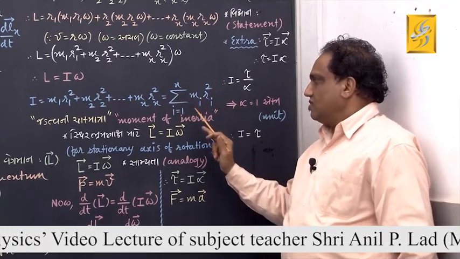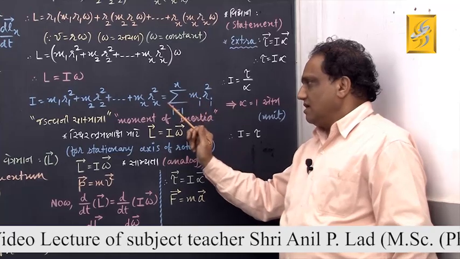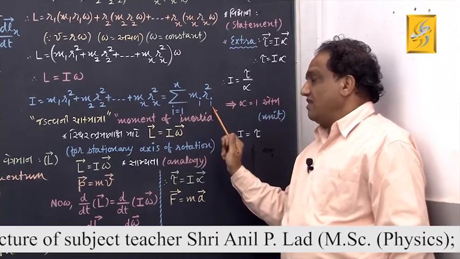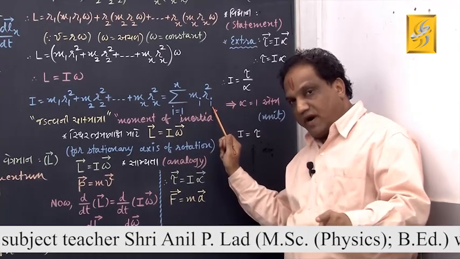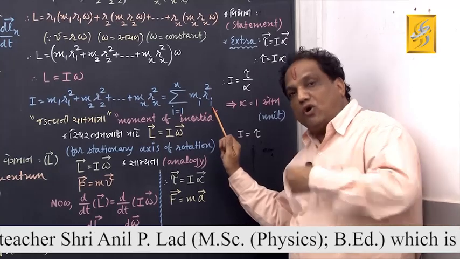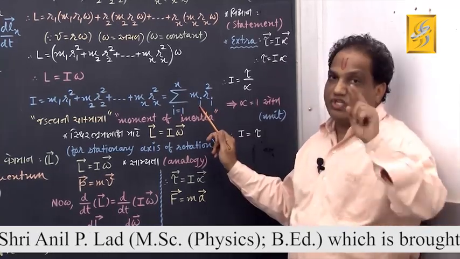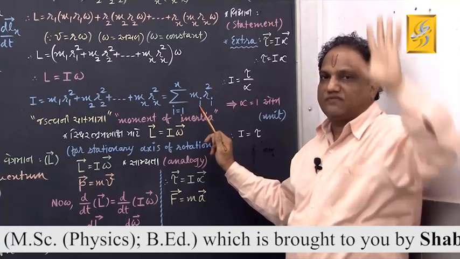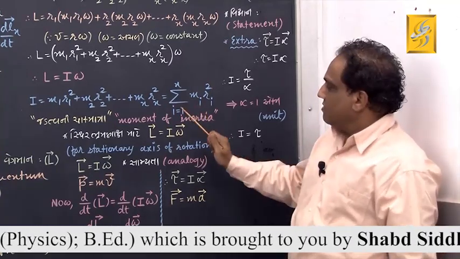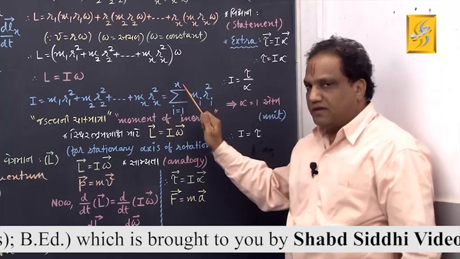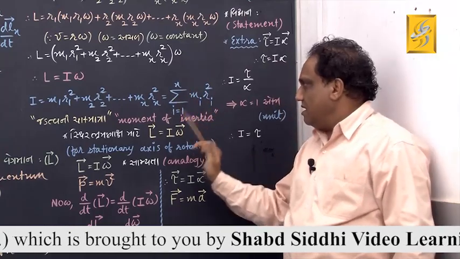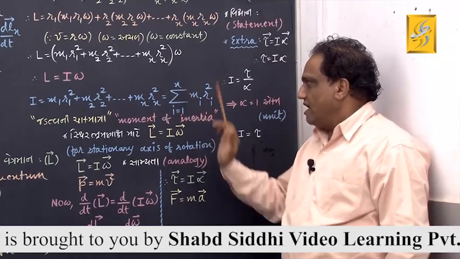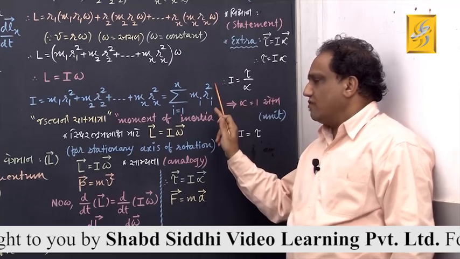Because we are adding such terms, I must write sigma, and here the suffix i indicates the order of the particle. In order to include all the particles, this order should be changed from first to last, that's why i equals 1 to n. Got it? Sigma from i equals 1 to n of mi ri square.